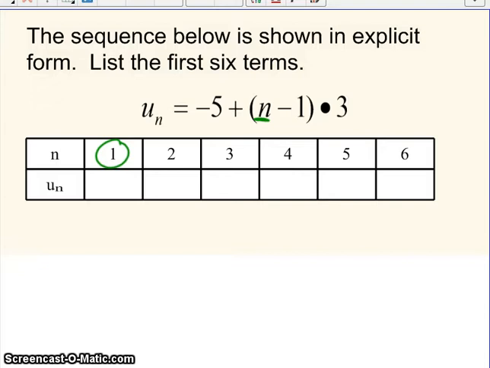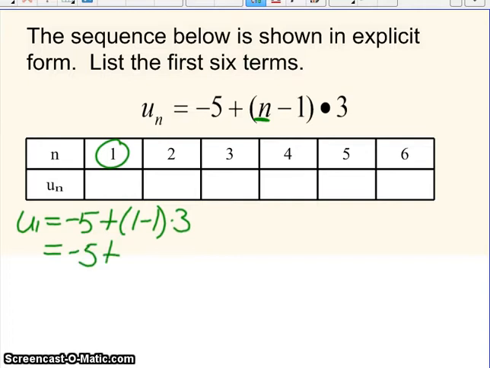I've got a 1 I'm going to plug into the formula. So u sub 1 is equal to -5 plus 1 minus 1 times 3. 1 minus 1 is 0. 0 times 3 is 0. And so u sub 1, my first term, is -5.